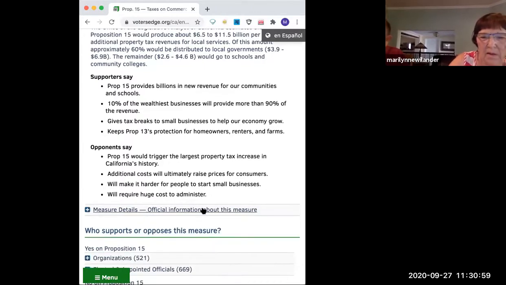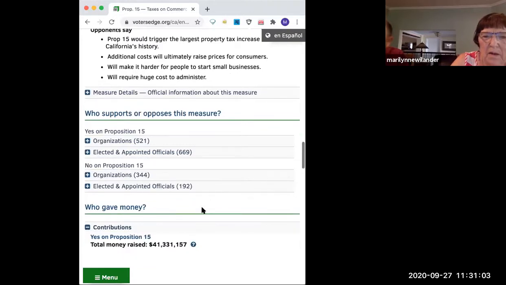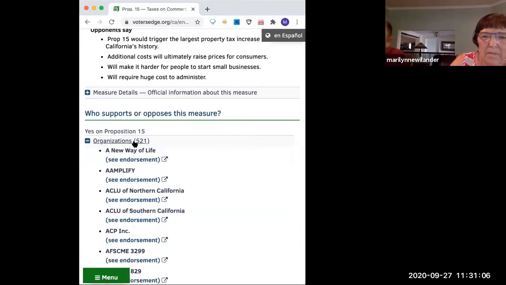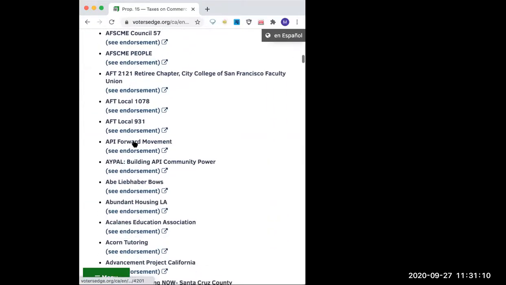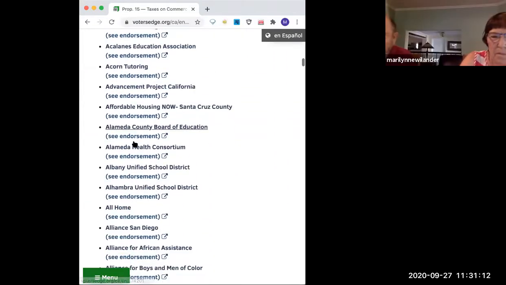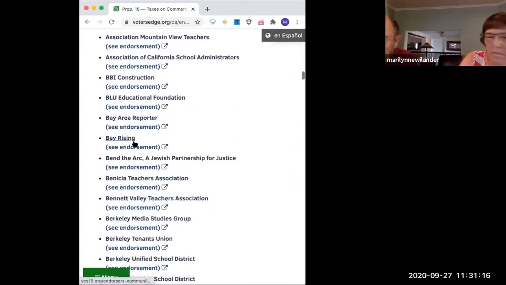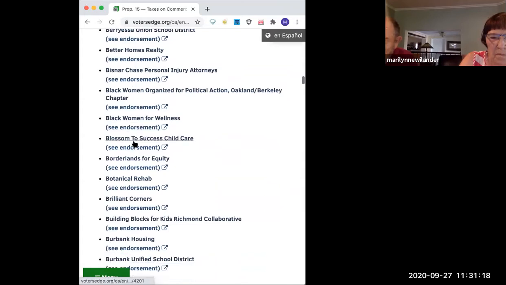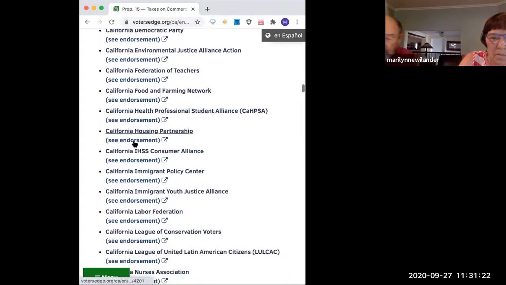So supporters of this are Kamala Harris, the state insurance commissioner, the state secretary, Alex Padilla, a number of state representatives, the California State Council, the California Federation of Teachers, Superintendent of Schools, the League of Women Voters, California Teachers Association.